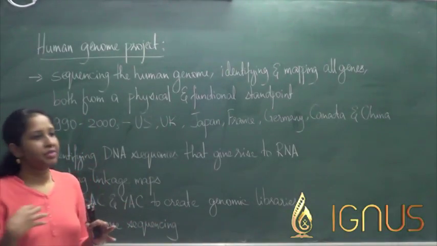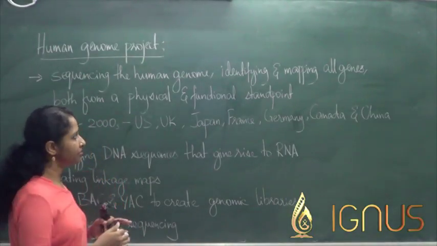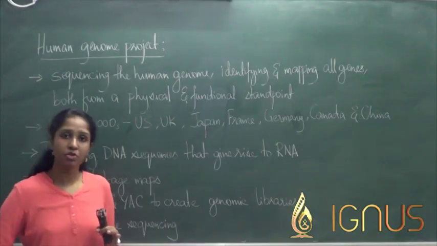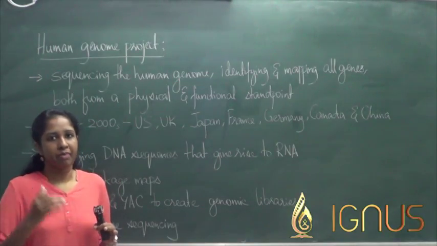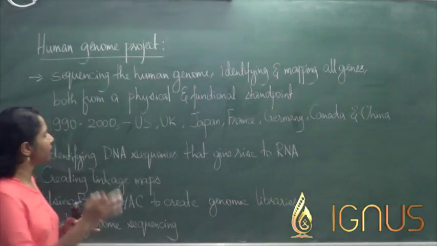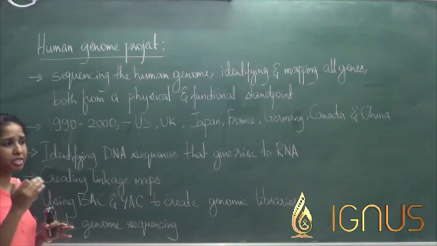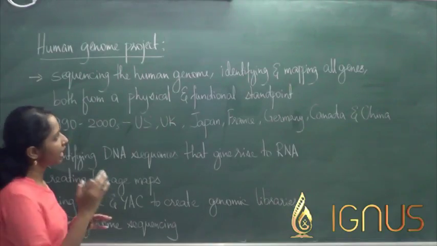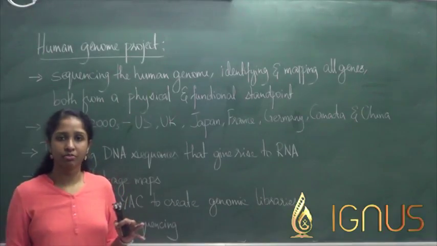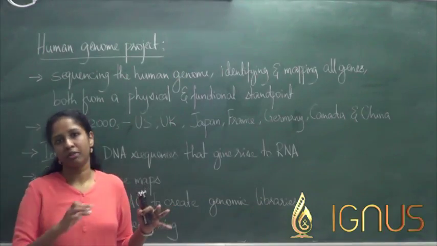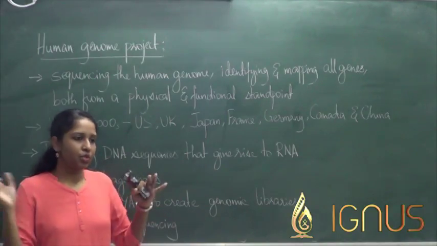Mapping is something that we have already talked about when we were talking about linkage in Mendelian genetics, which is on the chromosome where a specific gene occurs. So that is mapping, and that was also again from the physical standpoint. So identifying where the gene is present in the DNA sequence on the genome, so that is present between 3,000 something base pairs to 6,000 something base pairs, is gene 1.